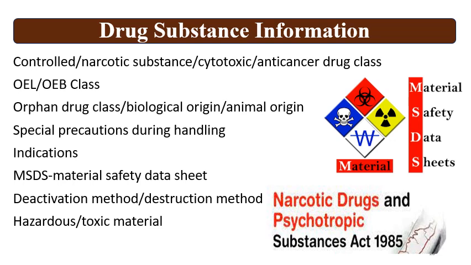Then whether the drug substance is a controlled type of drug substance or it is a narcotic substance, or is it a cytotoxic substance, or an anti-cancer drug substance, that is very important. Then OEL and OEB class, occupational exposure limits and occupational exposure band.